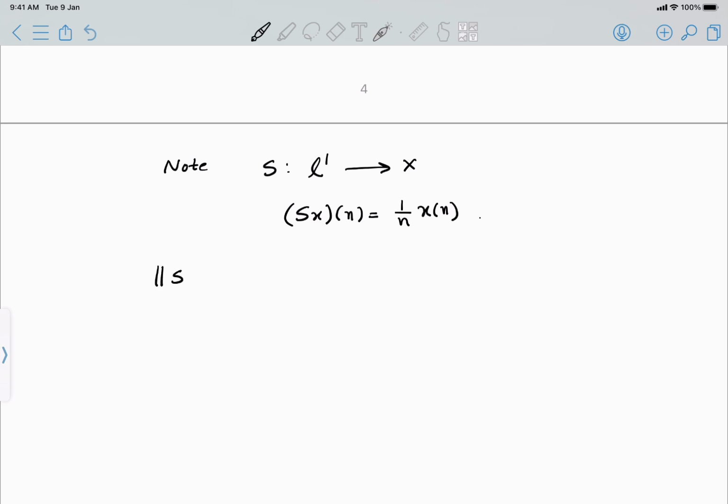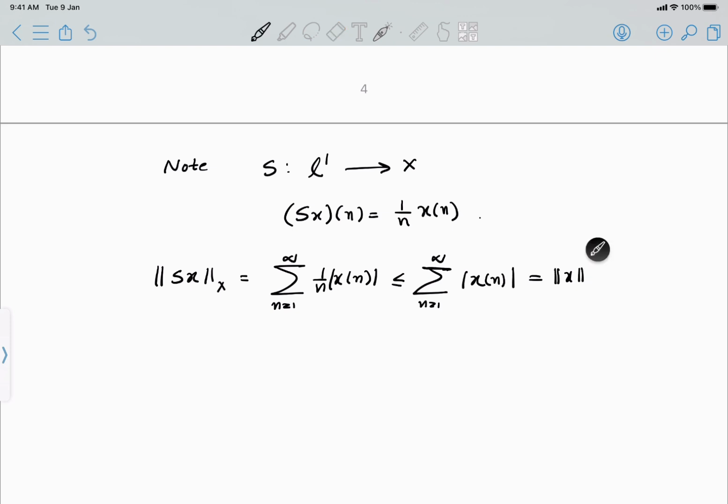What will be the norm of Sx? The X norm is summation of 1 by n xn, which you can always write as less than the sum from n equals 1 to infinity of mod xn, which is the L1 norm of x, right?